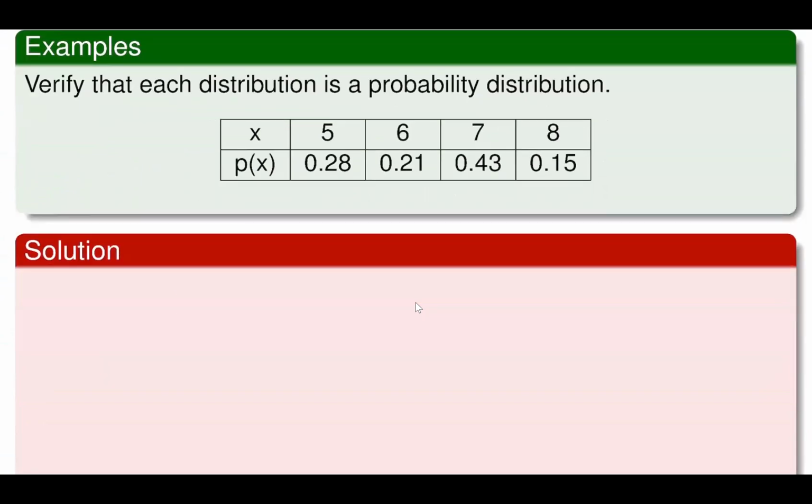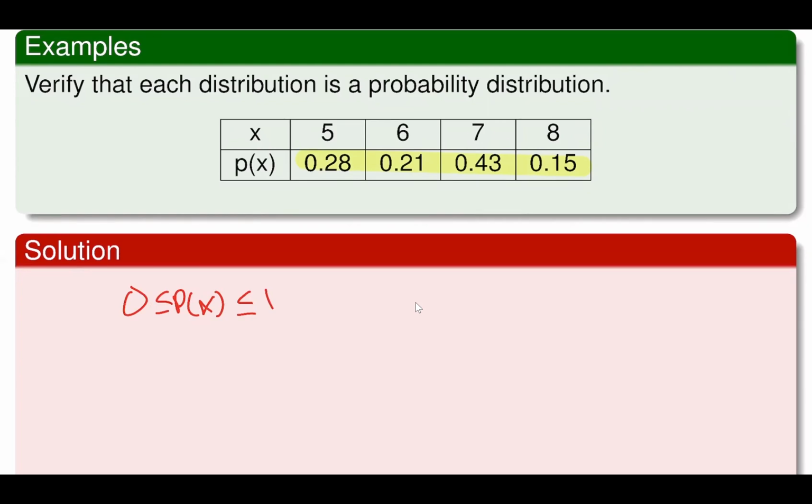So let's check out the probabilities. If I'm checking these probabilities, do we have any probability higher than 1 or any probability that's negative? Yes or no?